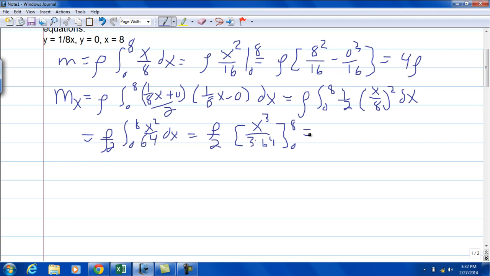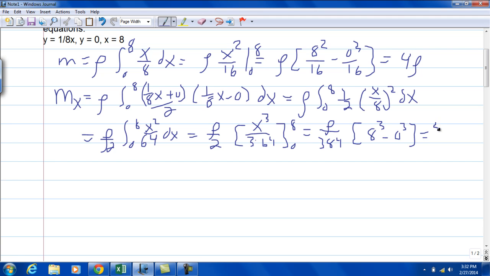Okay, that's going to be rho over, get my handy dandy calculator here, 384 times 8 to the third power minus 0 to the third power. That's 512.